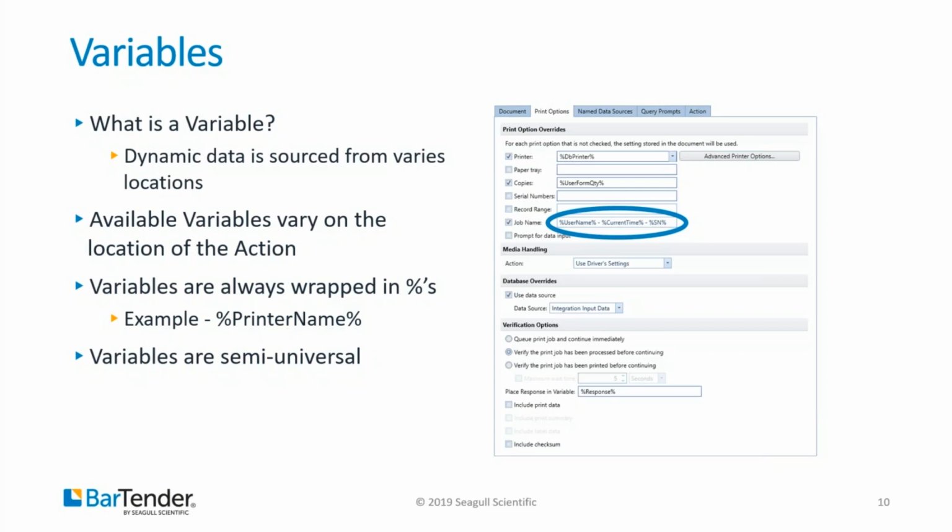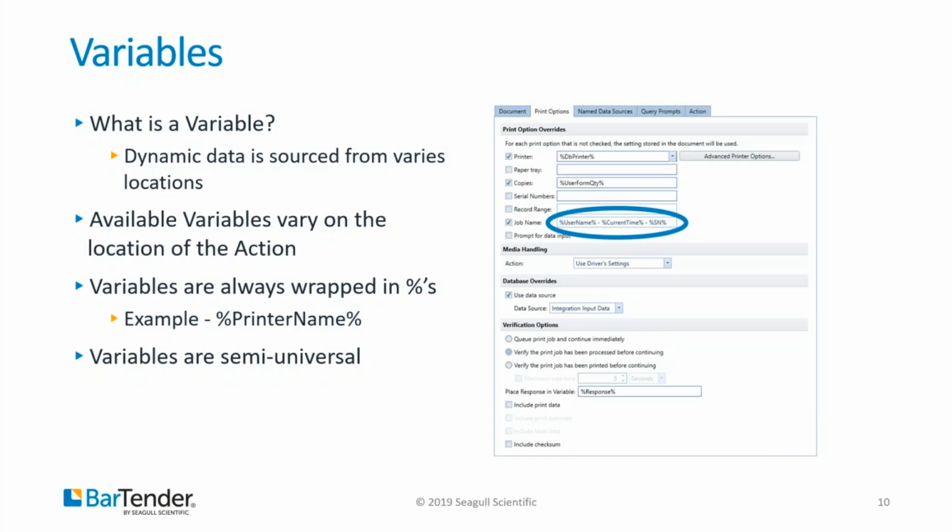And something that goes hand in hand with actions is the ability to use variables throughout these actions. As you can imagine, I'm sure with most other applications, a variable is going to be a dynamic data string of some sort, or a data source of some sort, and it's going to be sourced from various locations, once again being dynamic.